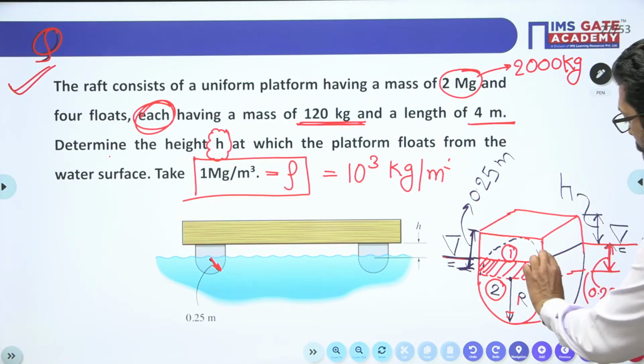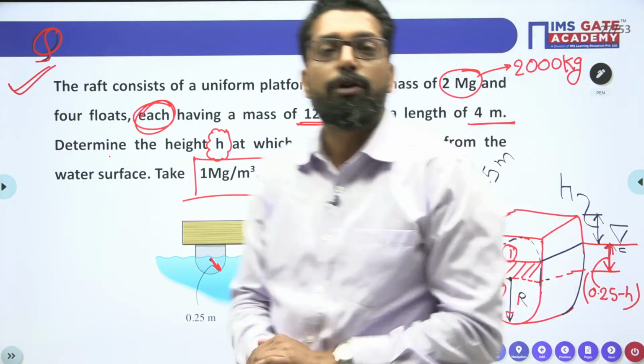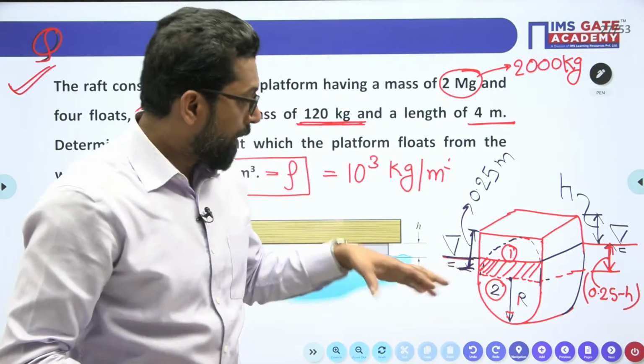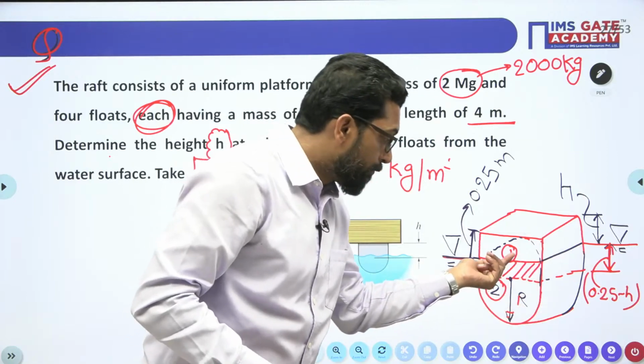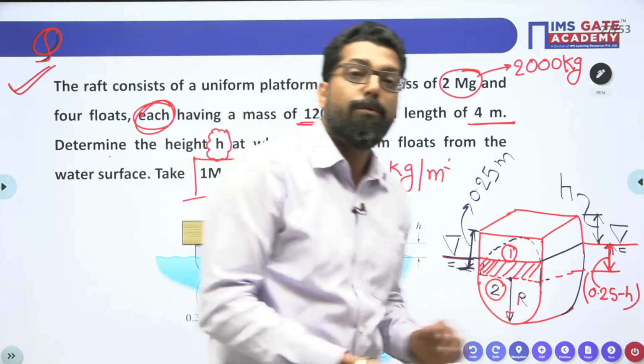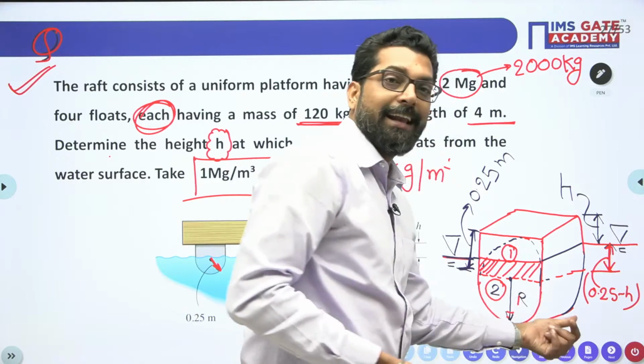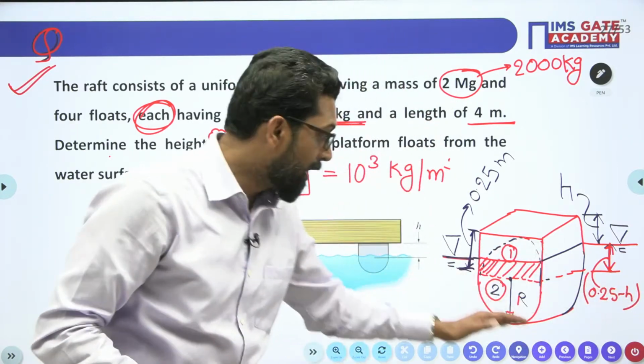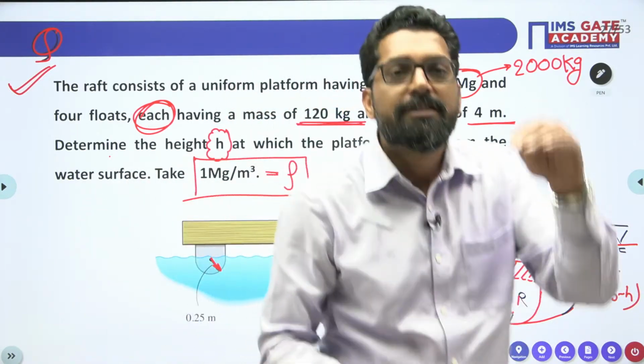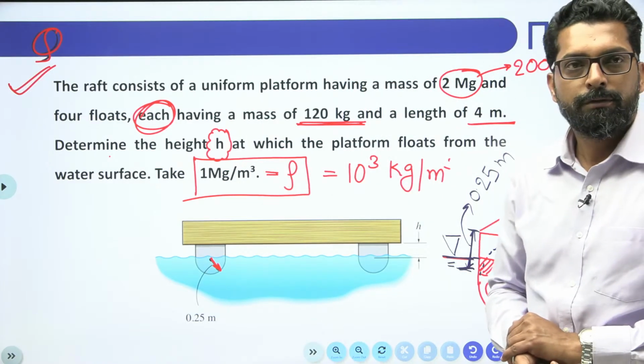That means some portion of the rectangle is also inside the water. In the other case, if the submerged volume is less than the volume of the semicircle, then only part of the semicircle will submerge into the fluid.